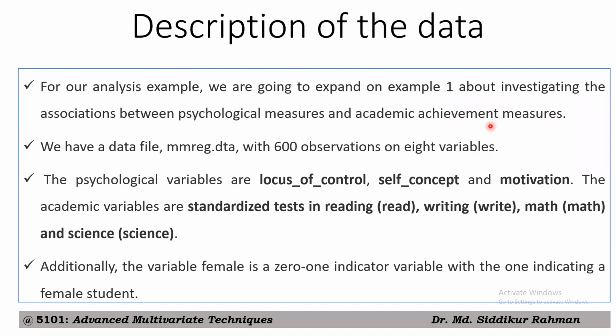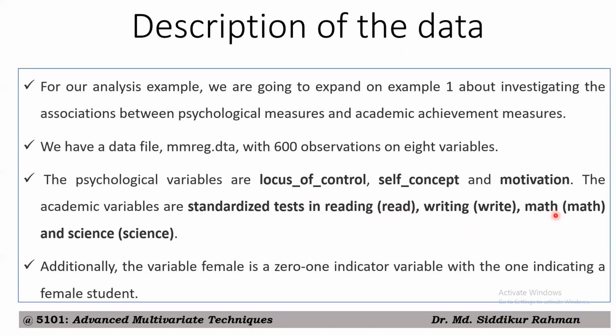For the academic achievement measures, we can incorporate many variables. Suppose I am considering one test, like the GRE test. The GRE test can be based on reading: what is your reading capability? What is your writing capability?